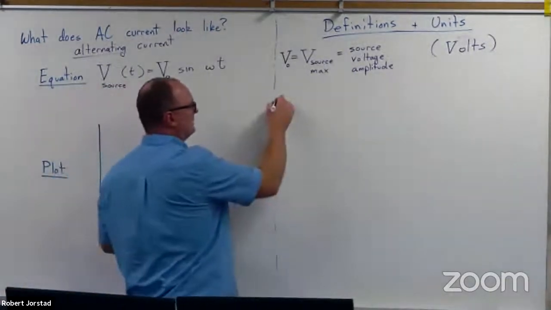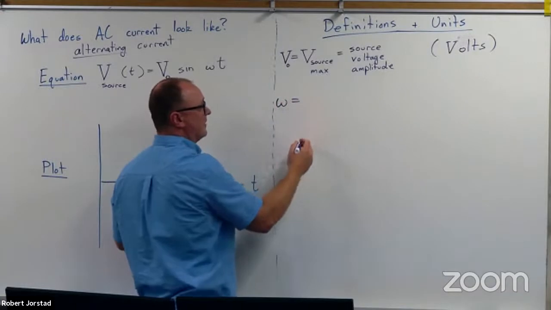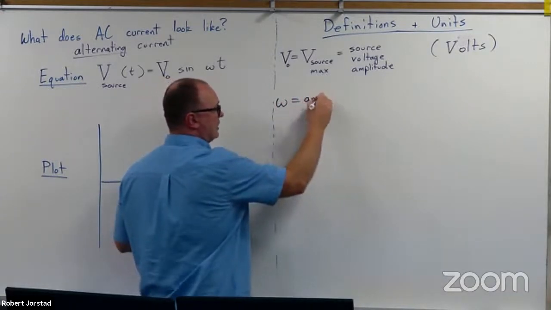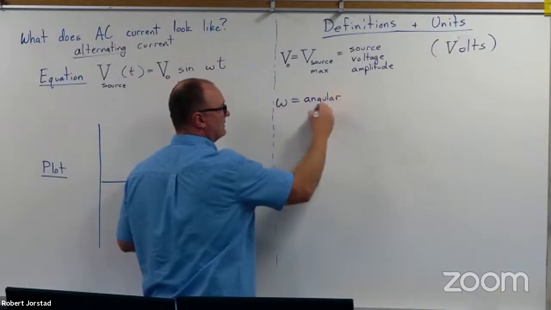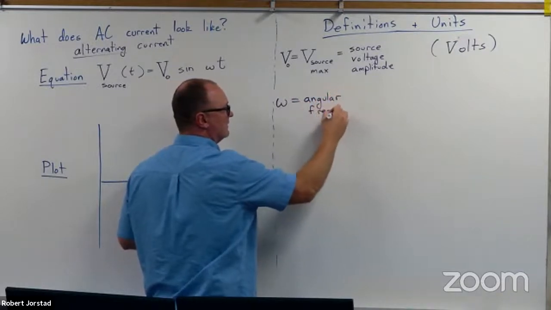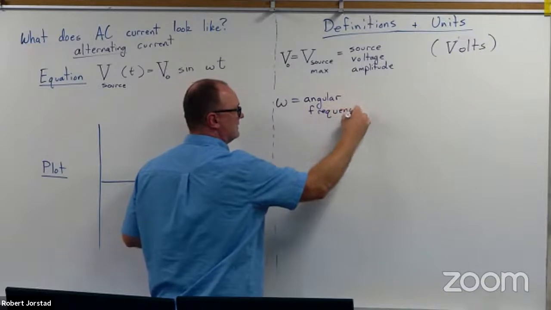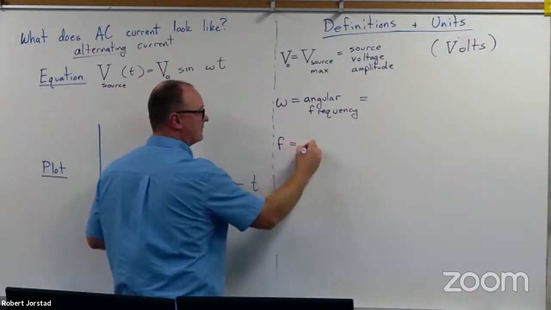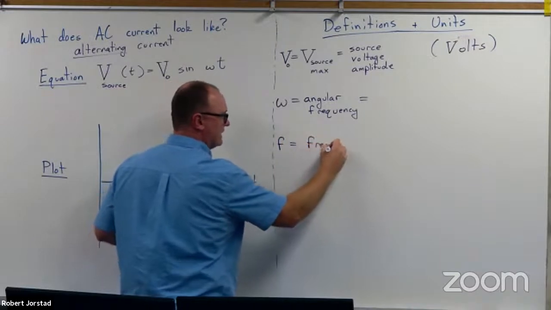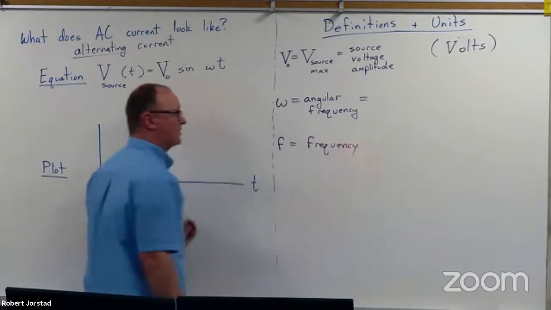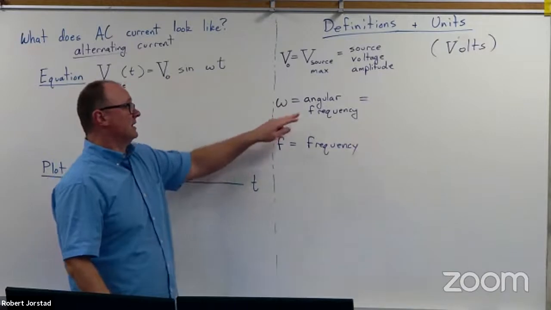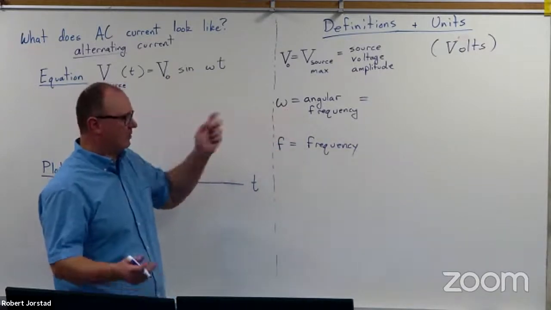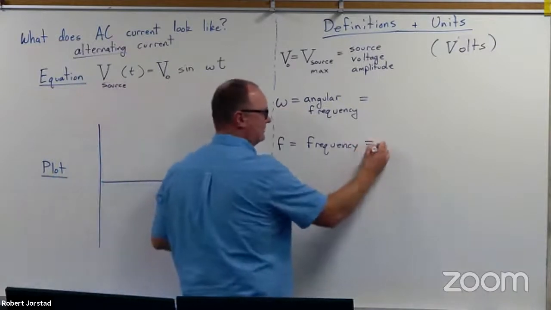Omega is often called frequency. Strictly speaking, I guess we should call it angular frequency, to distinguish it from f, which is just frequency. Now, I want to be clear here. Every once in a while, I'm going to say frequency, but mean omega. They're related.